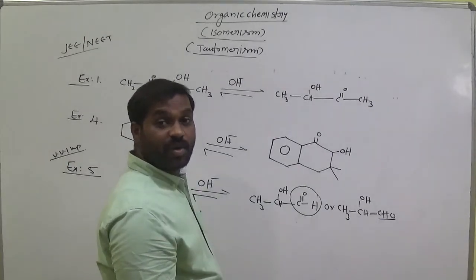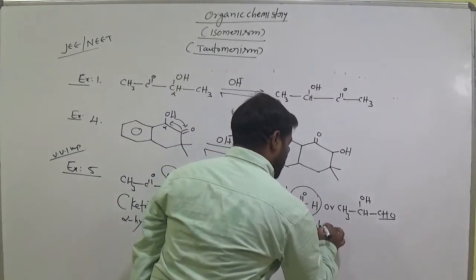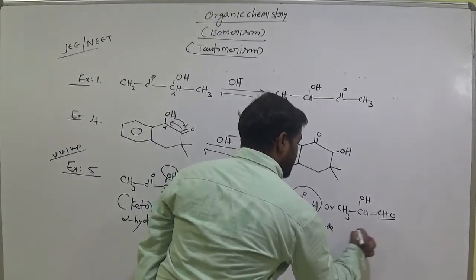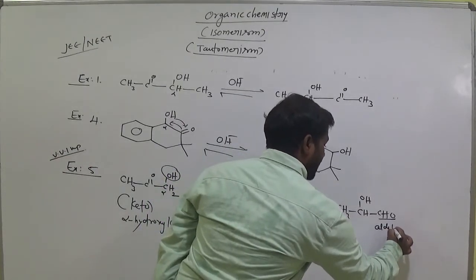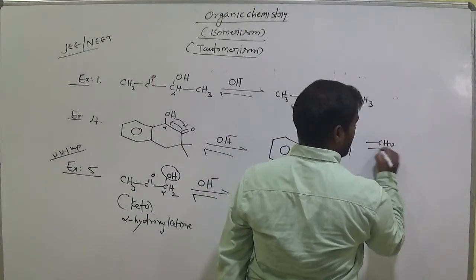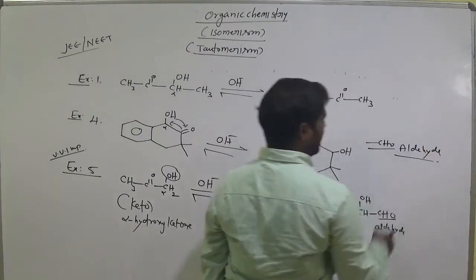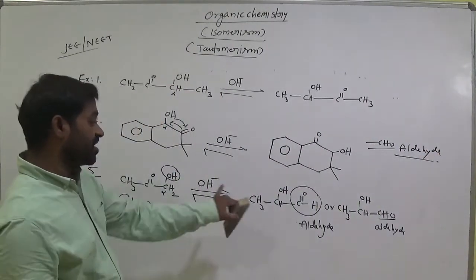What is the functional group? Aldehyde functional group. This is also an aldehyde. The CHO group is called the aldehydic functional group. Keep it in your mind. Here the keto group is converted into aldehyde.